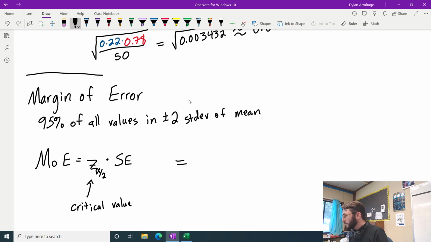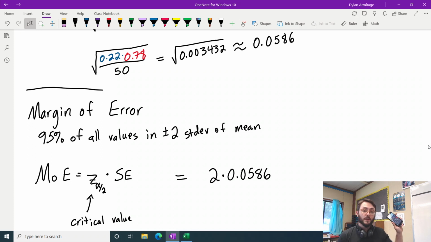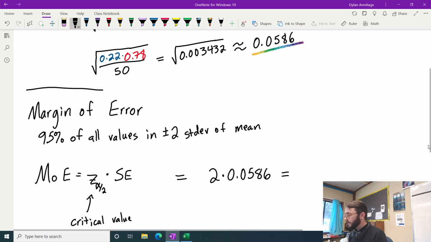So we'll have 2 times our standard error, which was 0.0586. Okay. Now, I just kept the original standard error in my calculator, so I'm going to multiply that by 2, and I'll still take it out to 4 decimal places.